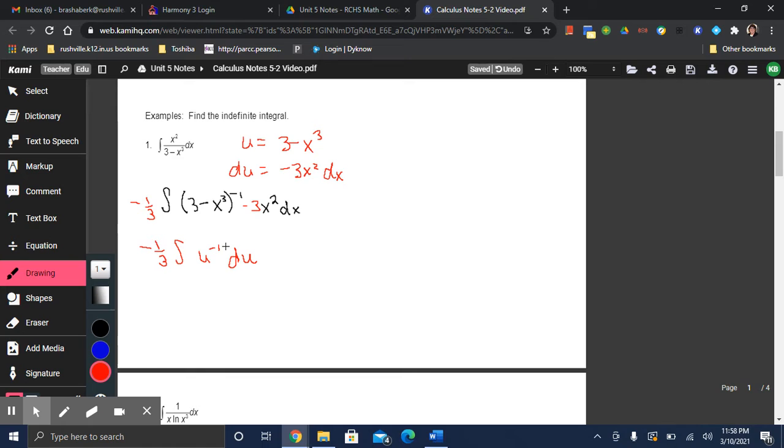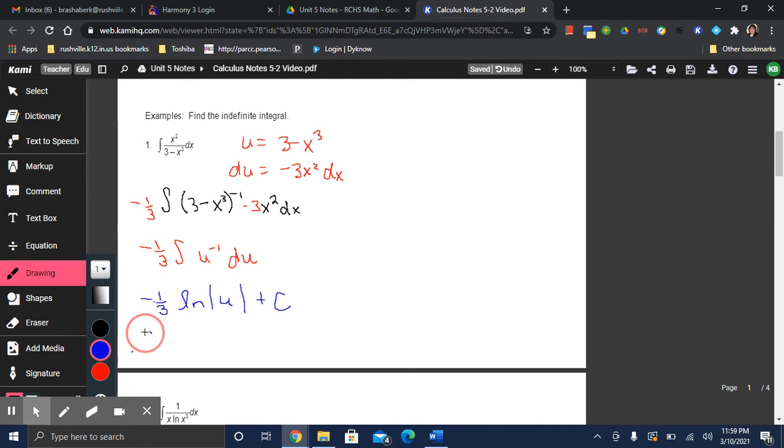And so you can add 1 to the exponent, giving you a 0, and then you would have a 0 in the denominator, and hopefully that would trigger your memory that the power rule does not work on this. And so you would then hopefully remember that this is negative 1/3, and then this is the natural log of the absolute value of u, and then plus c. And then you just need to resubstitute.